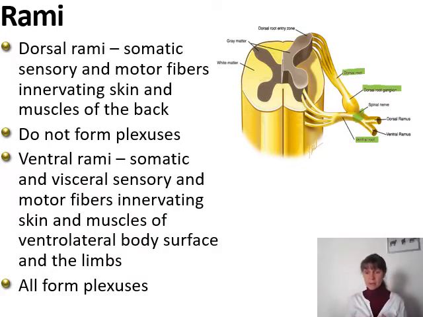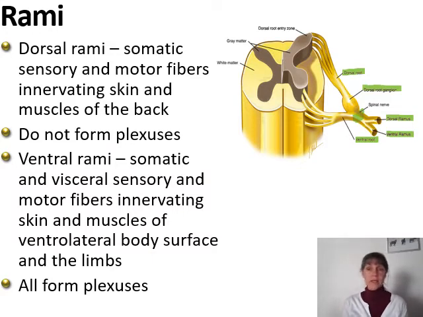Remember, the word ramus means a branch-like or arm-like extension coming off at an angle. Well, there is an angle formed here, and we find that there is a dorsal ramus and a ventral ramus. The dorsal ramus is going to carry somatosensory and motor fibers innervating the skin and the skeletal muscles of the back.